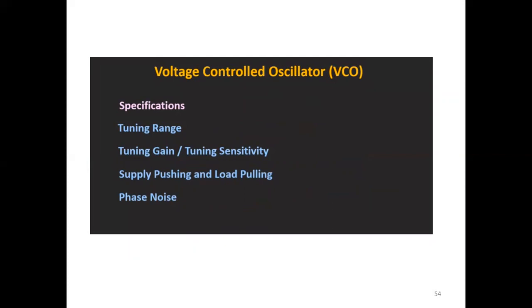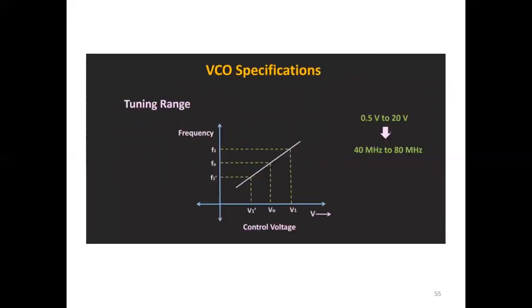The VCO specifications are tuning range, tuning gain or tuning sensitivity, supply pushing, load pulling, and phase noise. Tuning range means what the maximum and minimum input voltages are, for example 0.5 volt to 20 volt, with the output frequency ranging from 40 megahertz to 80 megahertz.